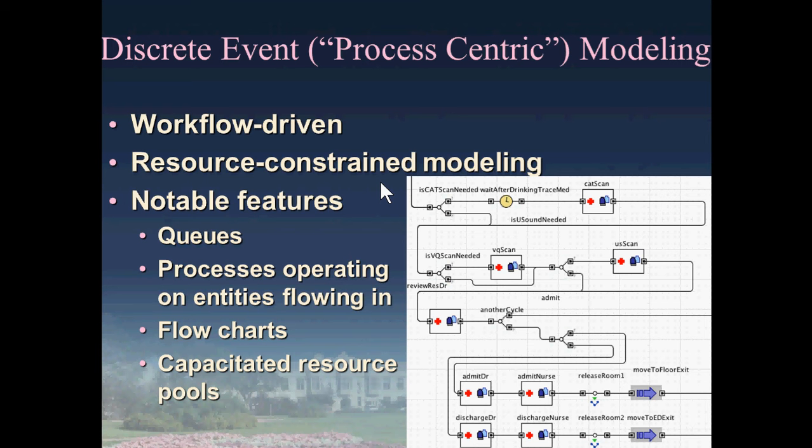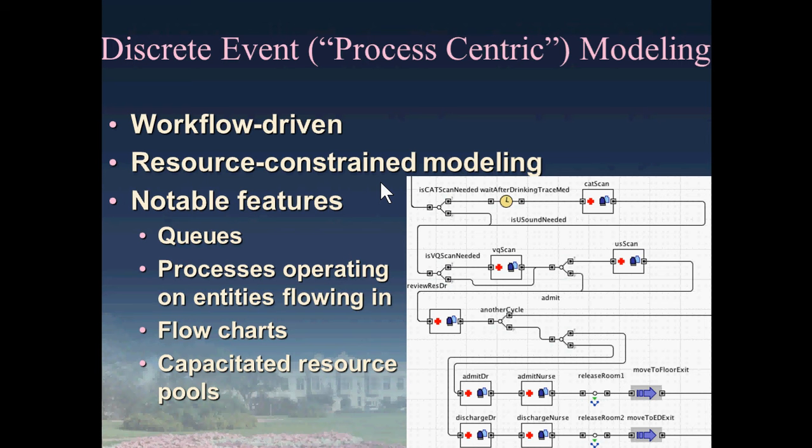These are sort of workflow processes that are defined. Patients will flow through them, and their experience will be shaped a lot by the availability of resources, whether they're kept waiting and how long they're kept waiting. This is shaped by availability of resources. So it's often particularly focused on resource-constrained modeling.